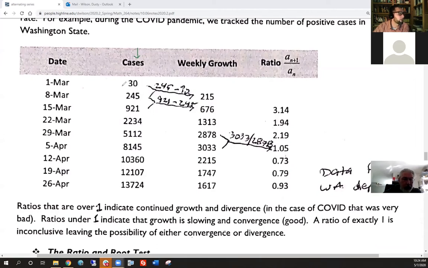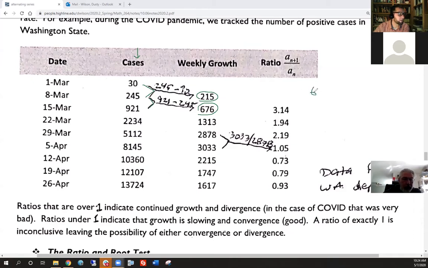In that first line, we went from 30 cases to 245 cases, which was a growth of 215 cases in the week. The next week, we went from 245 to 921, or a growth of 676.